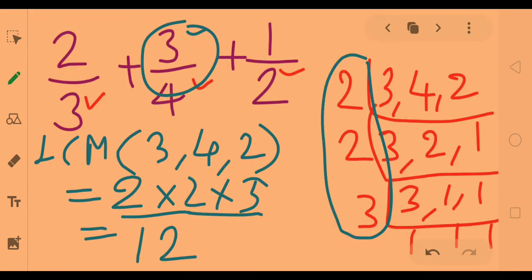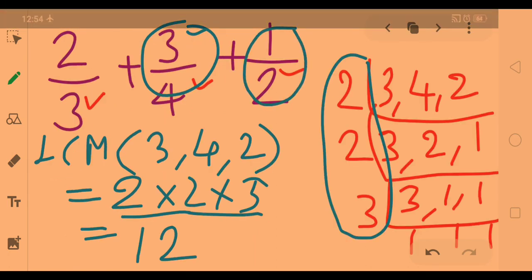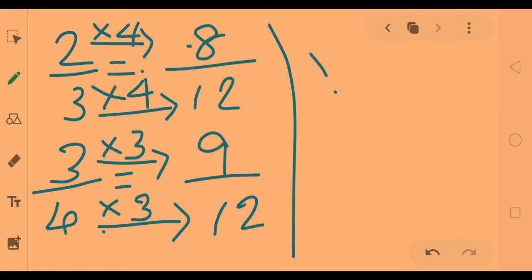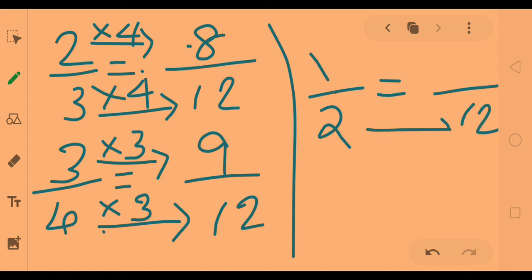Now the third fraction is 1 upon 2. We need the denominator to be 12. What number is multiplied with the denominator 2 to become 12? 6. So in the numerator also we multiply with 6. So 1 into 6 is 6.